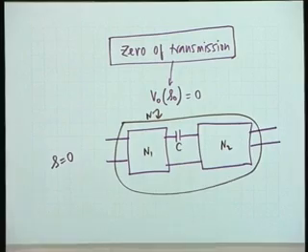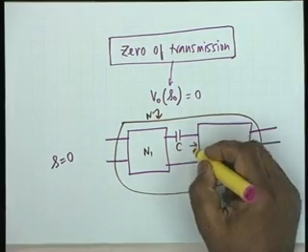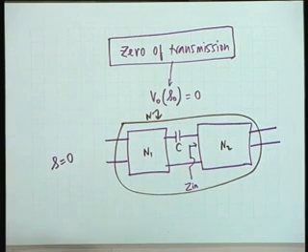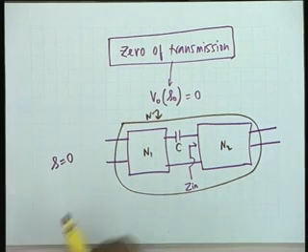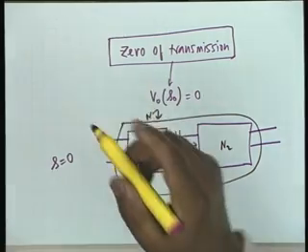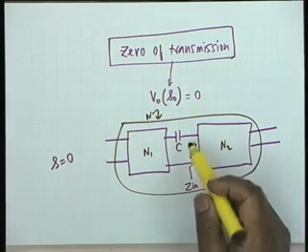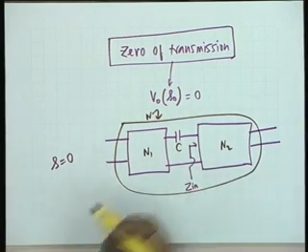Provided, there is a hitch here, provided if you measure this impedance Z in, suppose Z in is that of a pure capacitor, then what we have said is not true. Isn't that right? I had given this example earlier also. If it was a pure inductor, then also there is a zero of transmission.